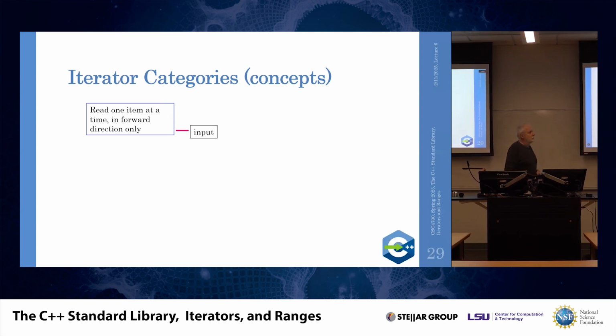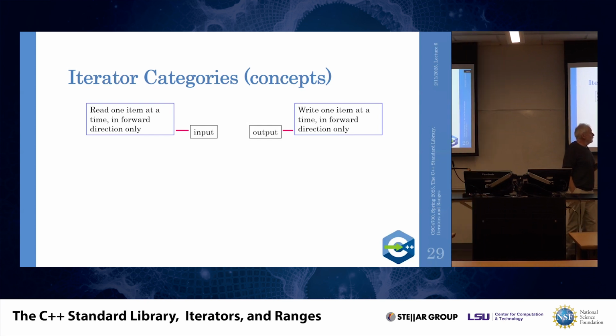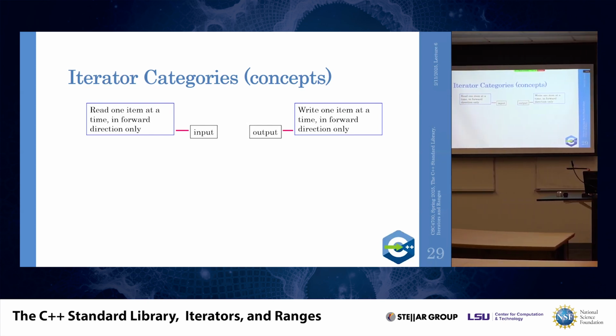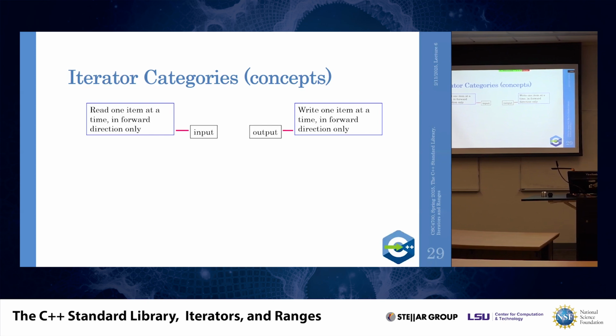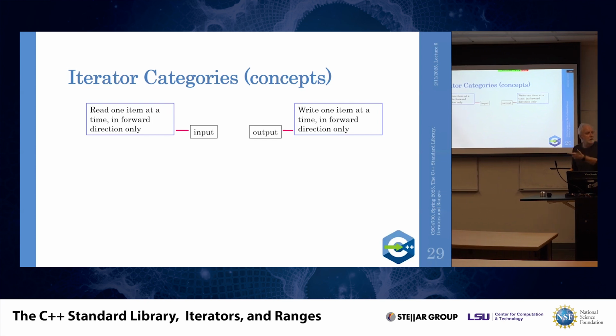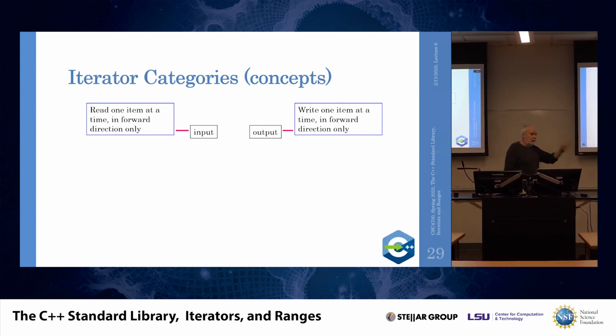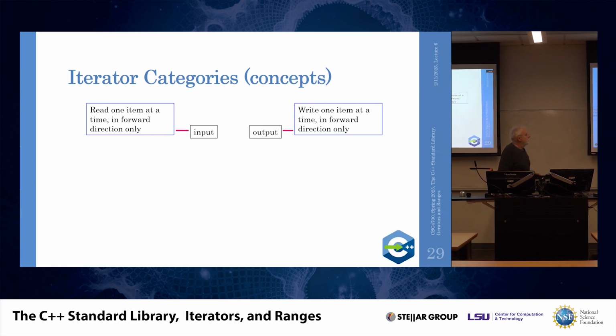Those things are called input iterators. On the opposite side, there are things called output iterators that write things one at a time and go forward only in one direction. The out thing that copy was receiving is a very minimal output iterator, right? It doesn't need to support anything else but writing to it and doing ++.